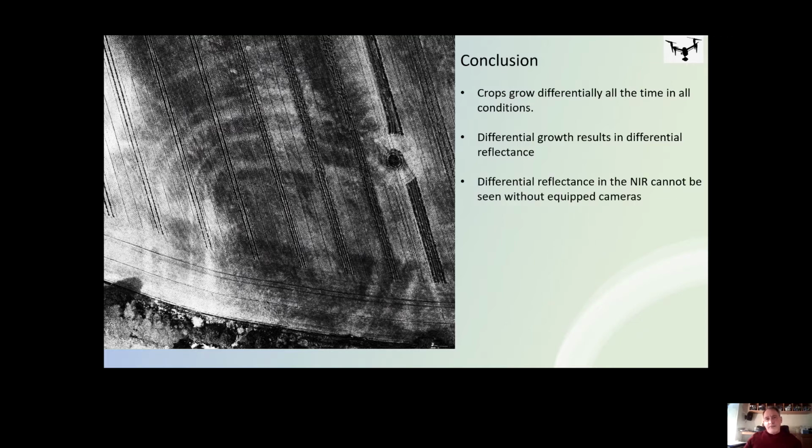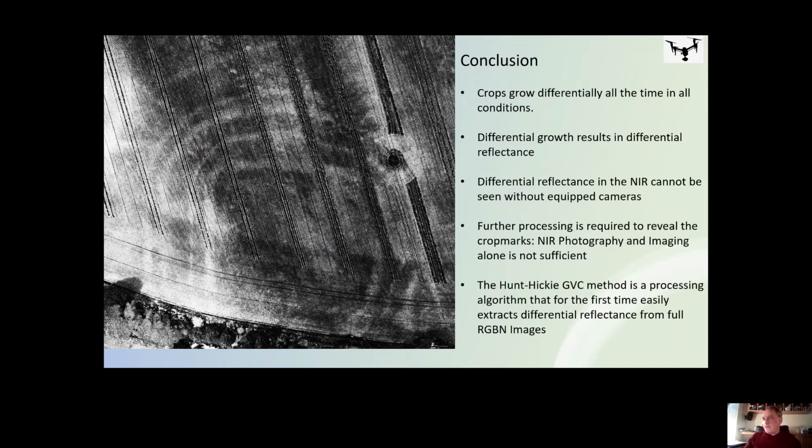And that differential reflectance, even if you can record it, which you can do with the right camera, even then doesn't show up. The only way to get it to show up is to further process the near infrared and the RGB images together. So this, for the first time then, easily extracts differential reflections from the full RGBN images. What exactly am I talking about here?